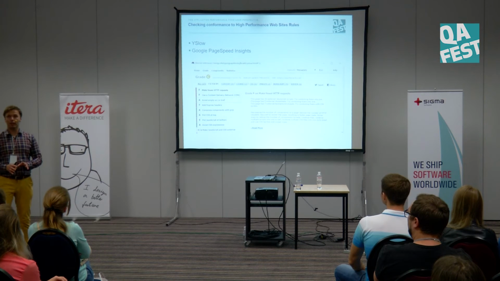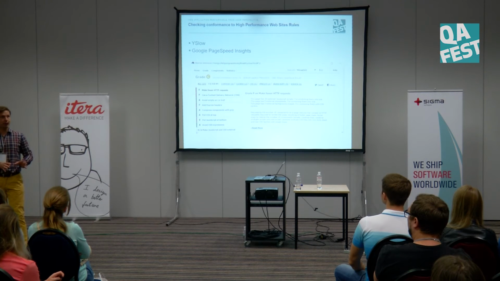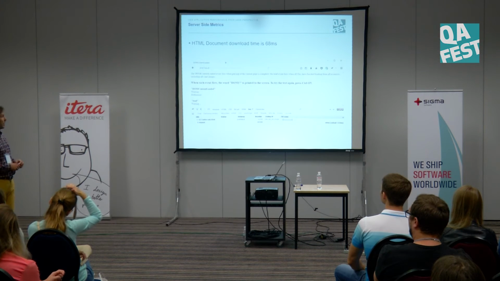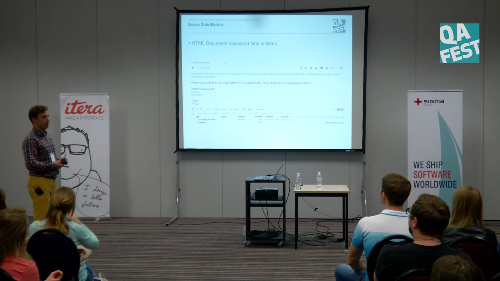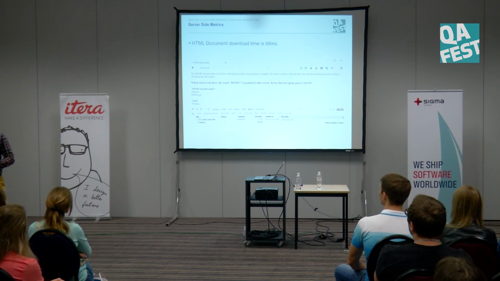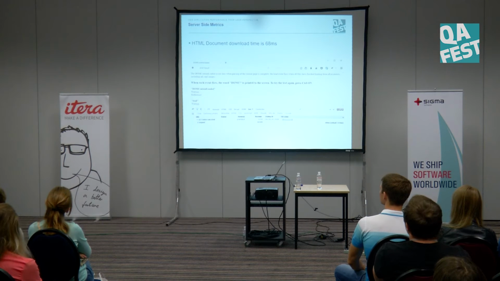So those are kind of static checks, like static code analysis checks. But let's move to the performance of the web applications. So traditionally, when we're thinking about performance tests, we are thinking about tools like JMeter, Gatling, or LoadRunner.